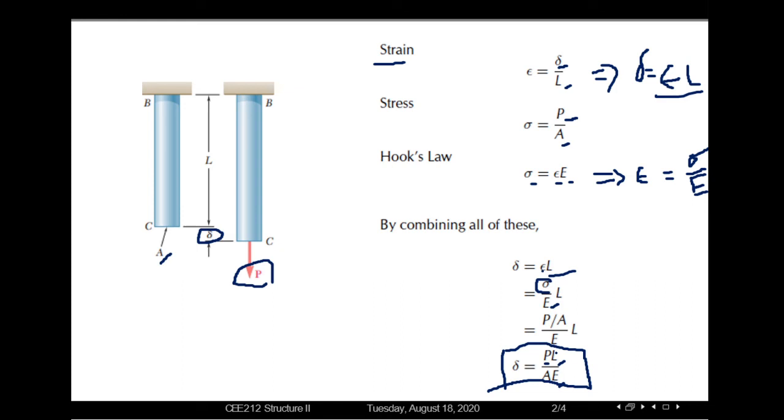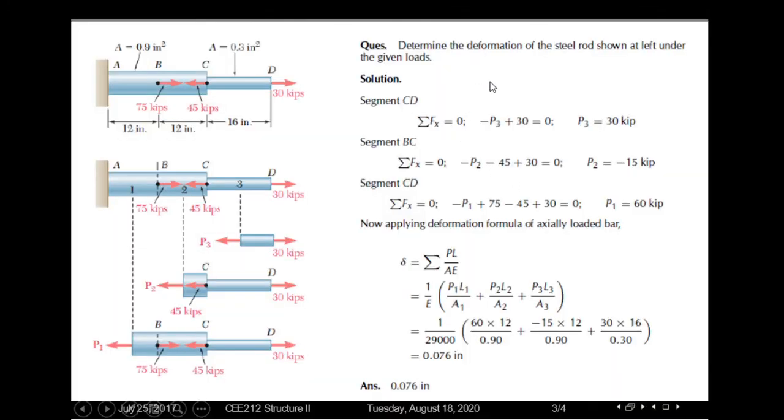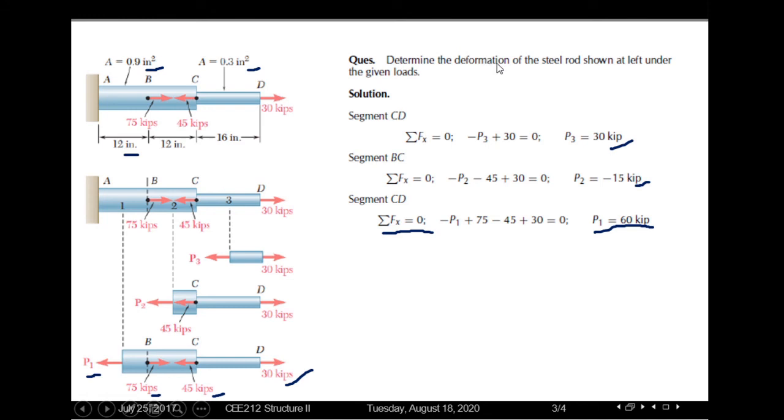The lengths of the segments are given, the area of the segments is given, and the modulus of elasticity. From our question we can see that the material is steel, so the modulus of elasticity of steel will be 29,000 ksi, kip per square inch.